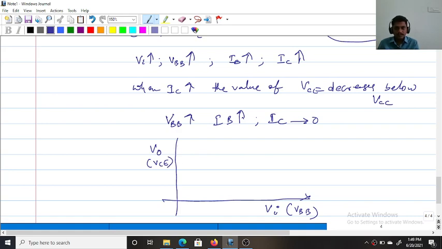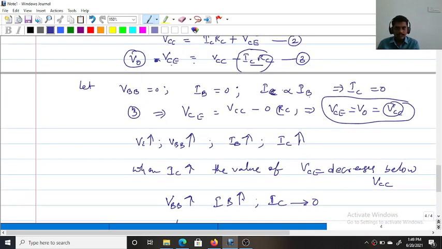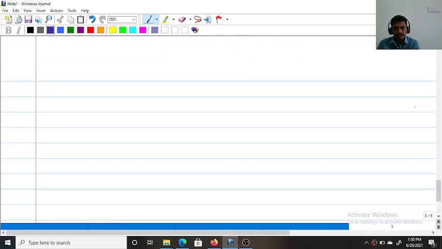Initially, when the input voltage Vi is equal to 0, what is the output voltage? VBB, the input voltage, is 0. So what about the output voltage? The output voltage is equal to VCC, the voltage of the battery.